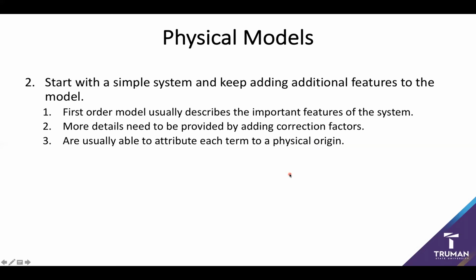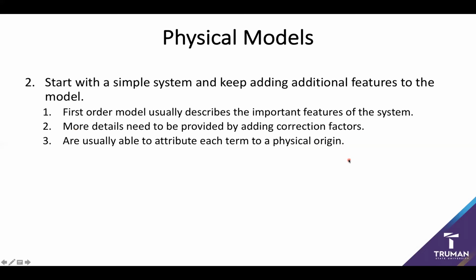But the big advantage of these systems is that they tend to be very good at attributing a physical origin to each of the terms, whether it's the original first simple model or the correction factors that we're adding in. So these can be quite satisfying once you get the hang of them.